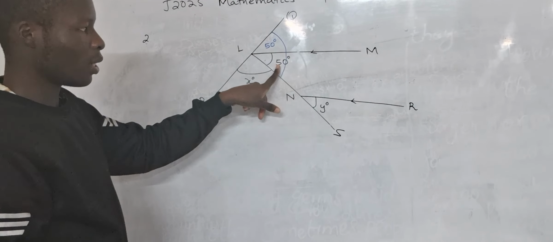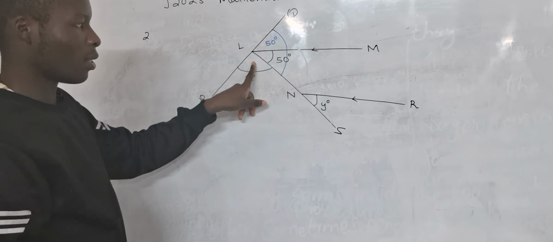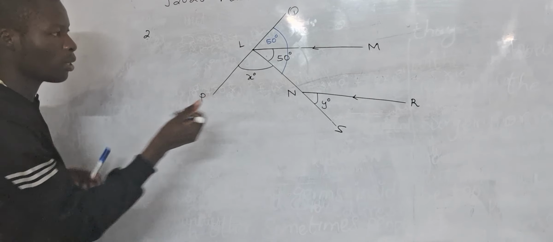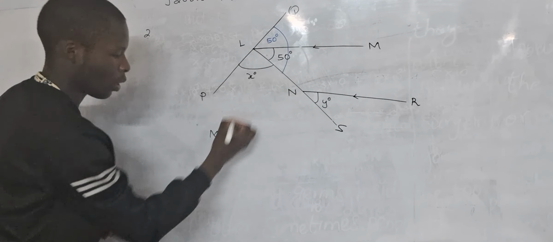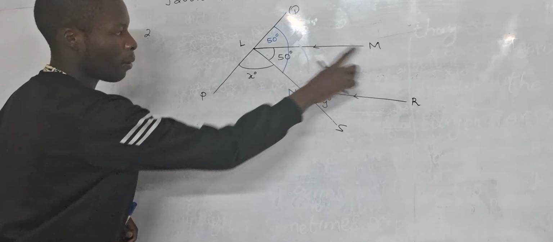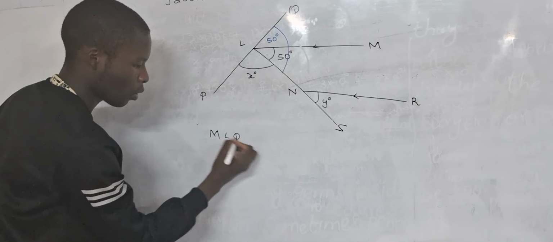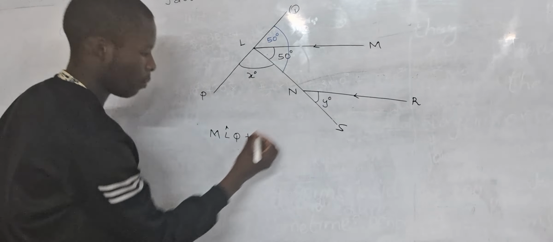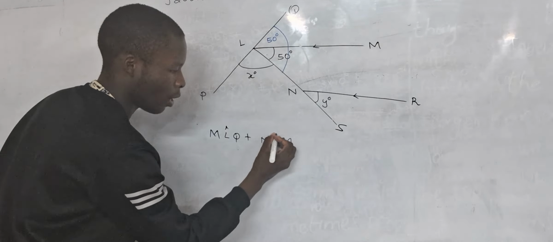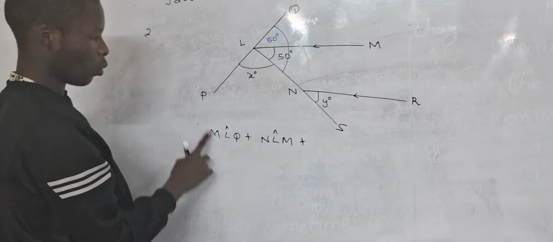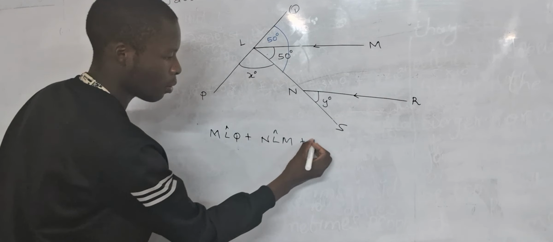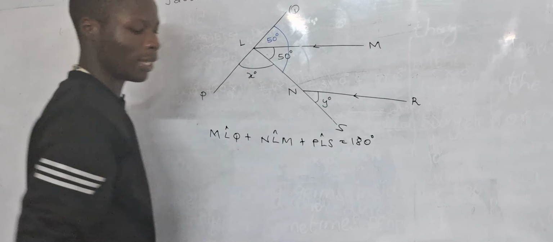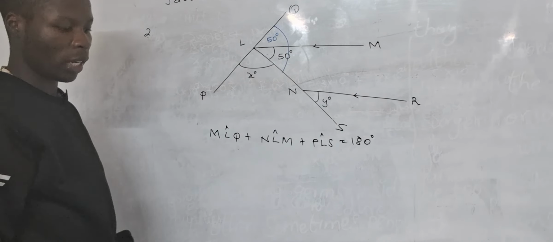This angle is 50 degrees and this angle is 50 degrees and this is the third angle. These 3 angles are on a straight line. It simply means MLQ, this angle, plus NLM, plus PLS is equal to 180 degrees, which is the sum of angles on a straight line.